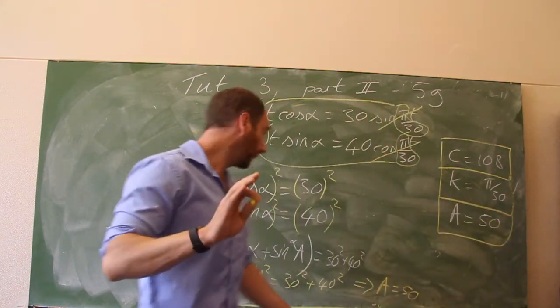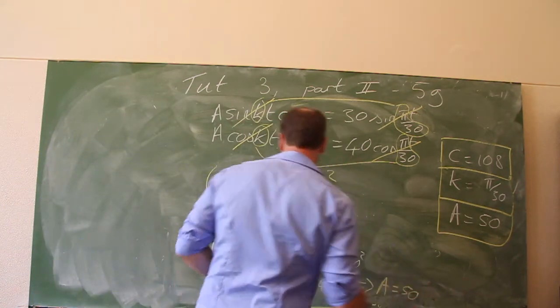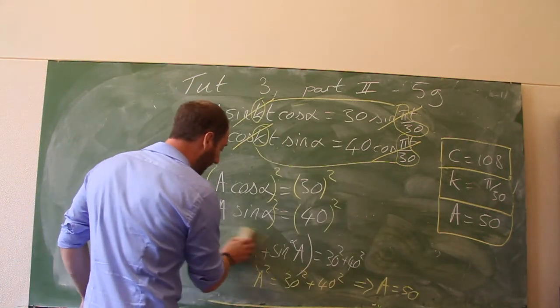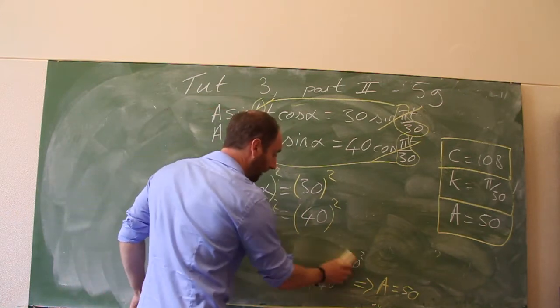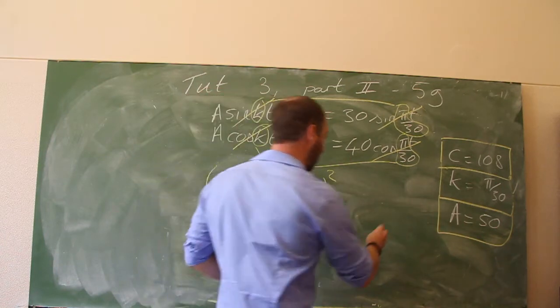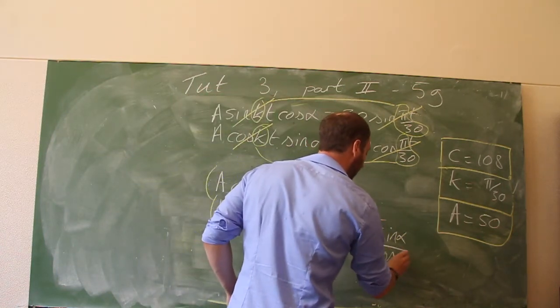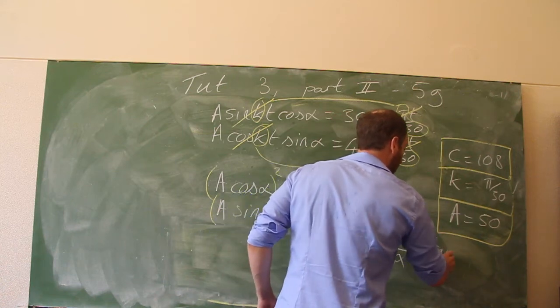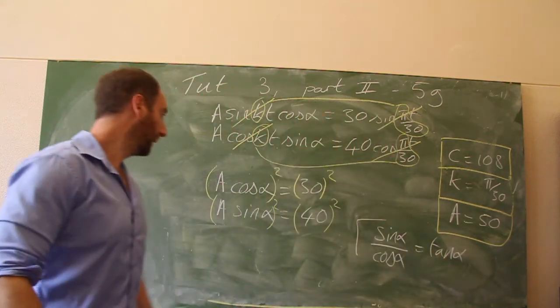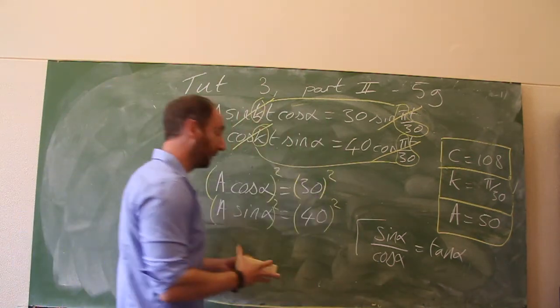Okay, so we've got our last constant to find, and the last constant is alpha. So what do we have there? Well, here we're going to use another trigonometric identity, a very simple identity, which is that sine alpha divided by cos alpha is tan alpha. So in fact now we can take the non-squared version of this, the original version of these two equations.